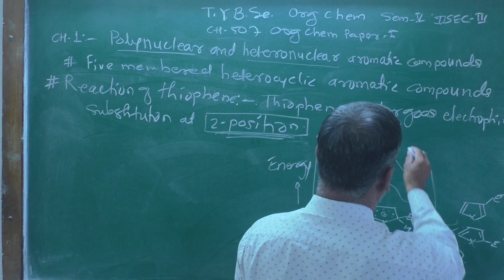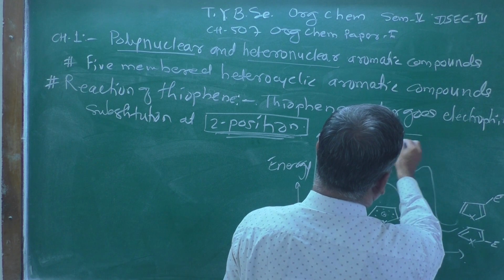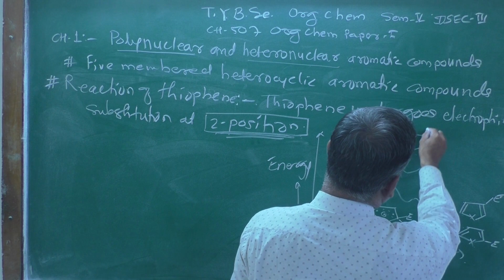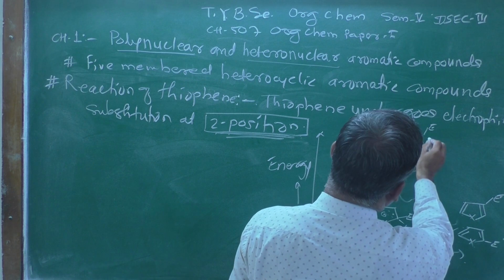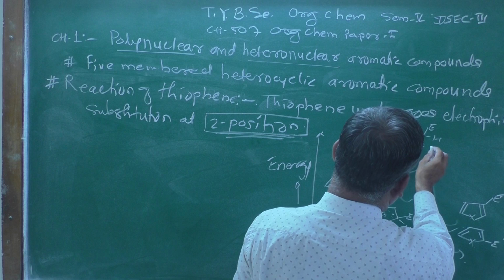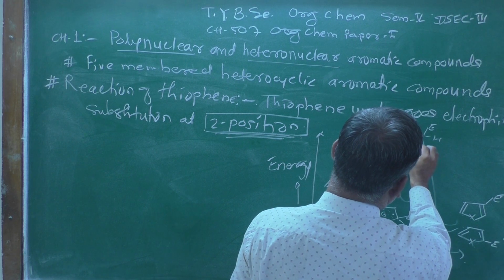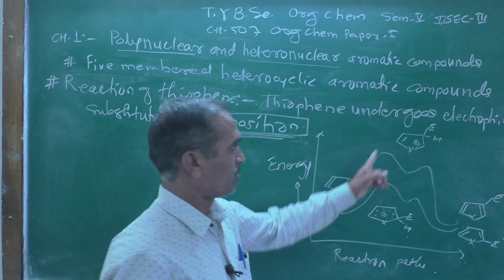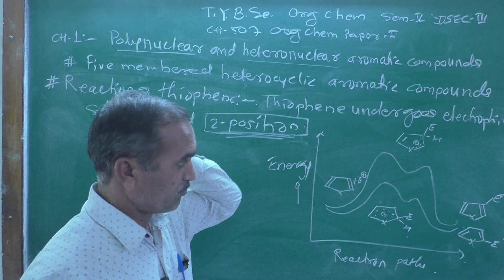We can represent the positive charge over here, and this is the transition state where we can see X, this double bond remains as it is, the electrophile, and H is here. So we can show a partial positive charge over here, which is higher in energy.